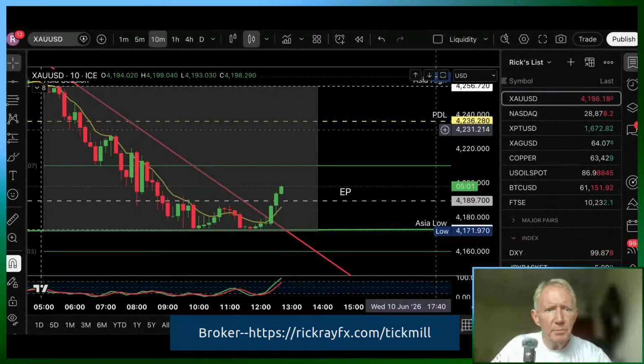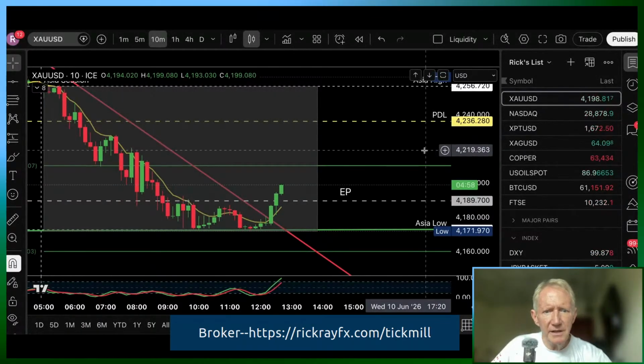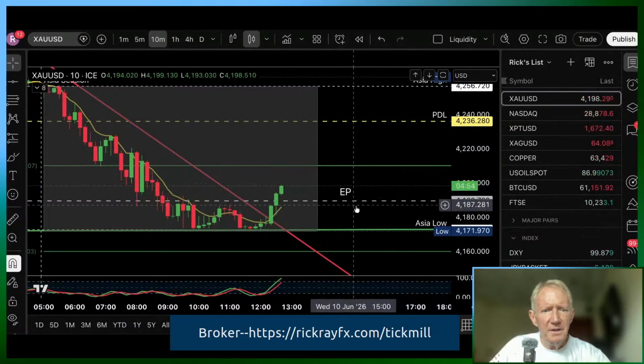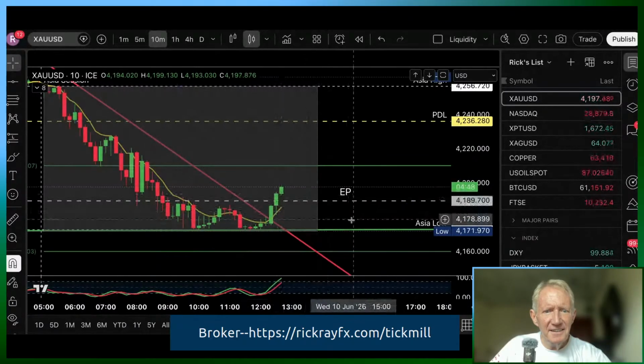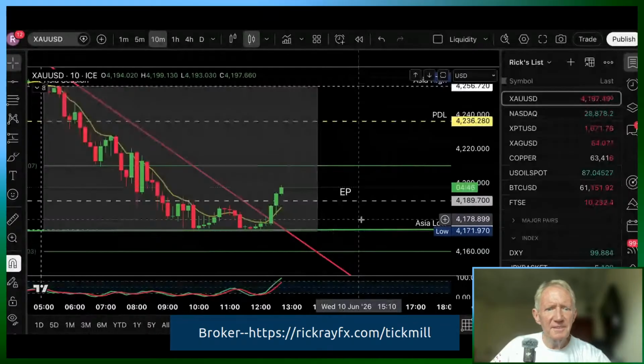If you have a 50 pip trailing stop, it can come back and get your stop and then keep going. But this is a beauty. Hey, this is so reliable, this Tokyo lunch run. Hey, guys, it's just so reliable.